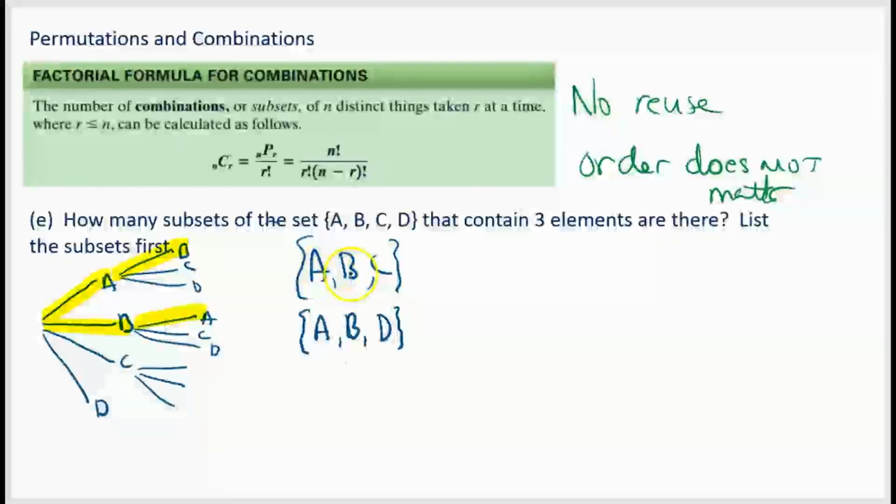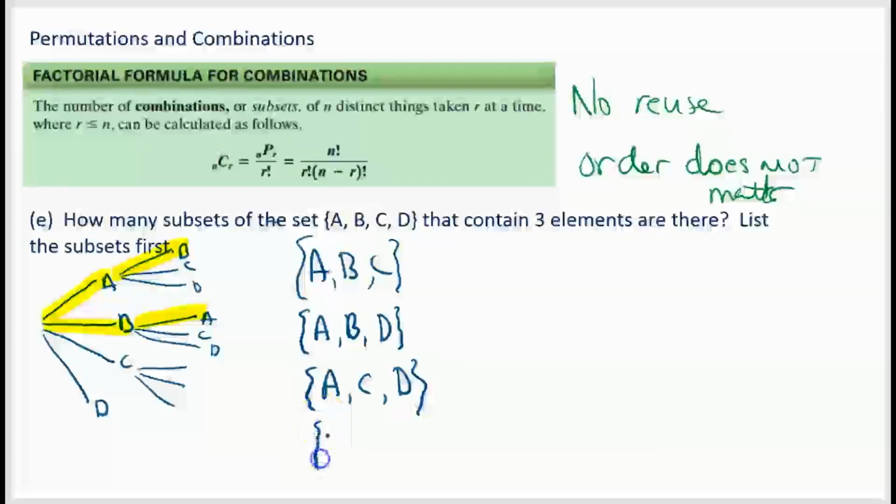If A and B are together, then C one time, D another time. Now let's throw out all the A and B together, and now let's work with A and C together. So if A and C is together, you've already got A, B, C, so we're not doing that. You could have A, C, D, and then we're done with that list.